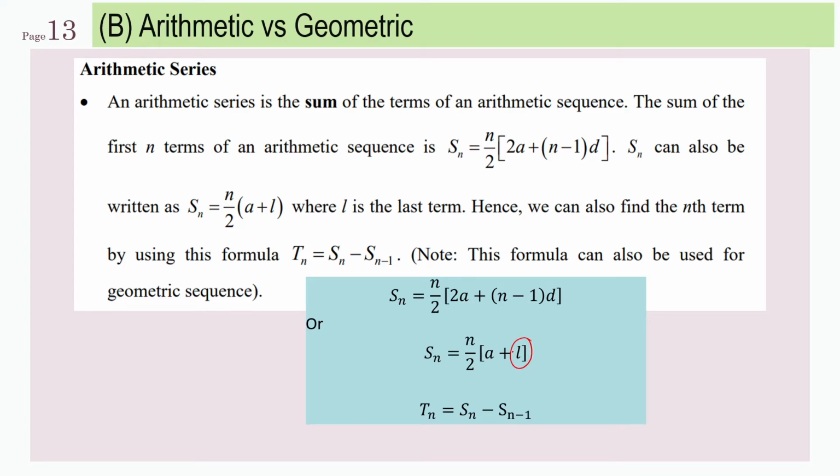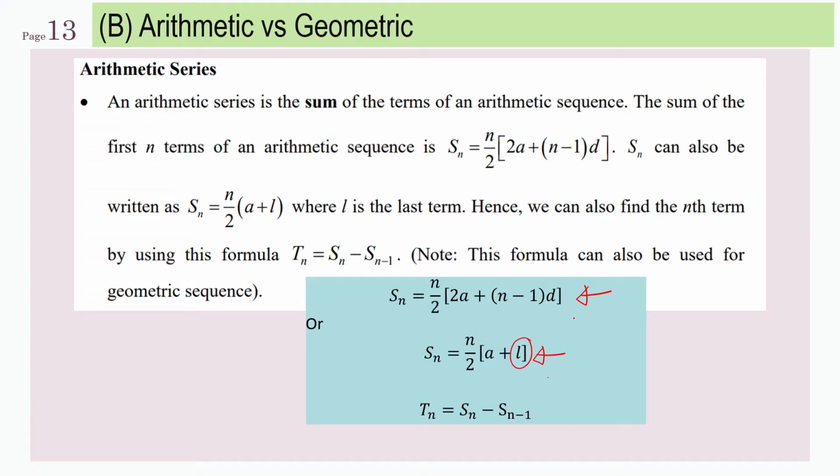When to use which one? Generally we use the first equation, but in certain questions, if they provide the last term, it is more convenient to use the last term. Is it wrong to use either one? No. Both of them are interchangeable.